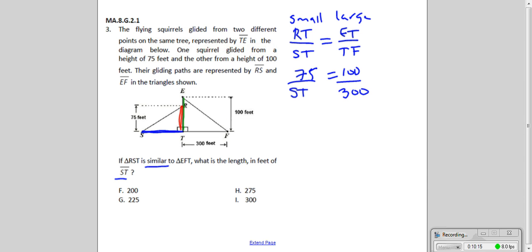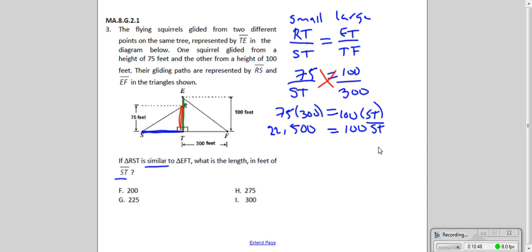So now when we cross multiply, you get 75 times 300 equals 100 times ST. So 75 times 300 equals 22,500, which is equal to 100 ST. And so now, divide both sides by 100.